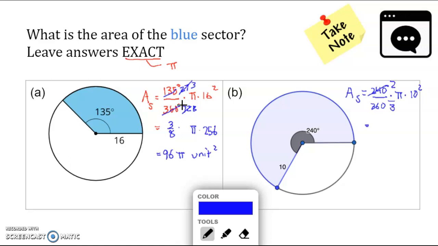So that's 2 times 100, so that's 200 over 3 pi unit square. That's what it means to leave answers exact: leave it in terms of pi. As soon as you pull out your calculator or use 3.14, you are approximating.